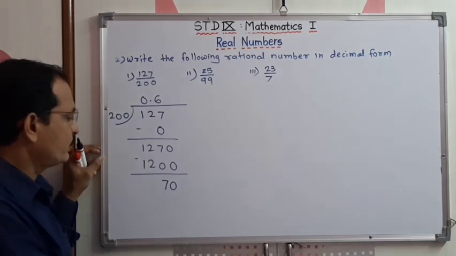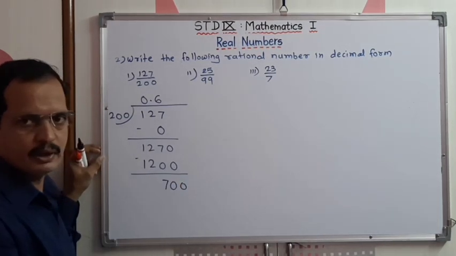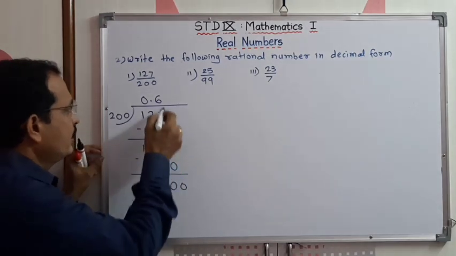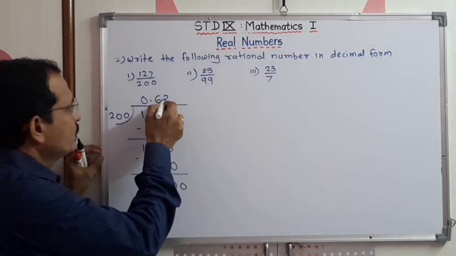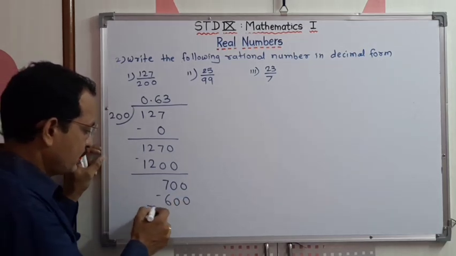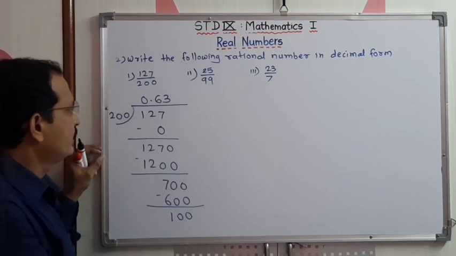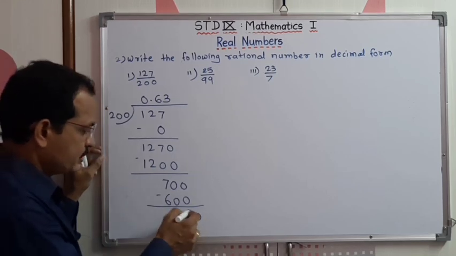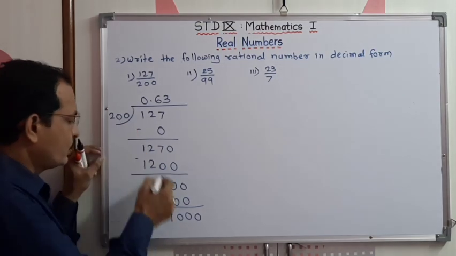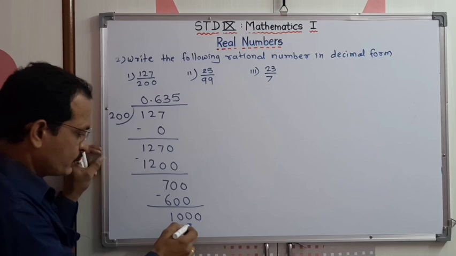After that we have to take here 1 0, then it is 700, then 200 times 3 is 600. Now it is 100. Then here it is 0, then 200 times 5 is 1000.